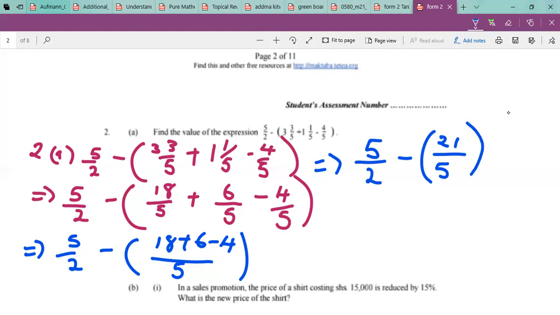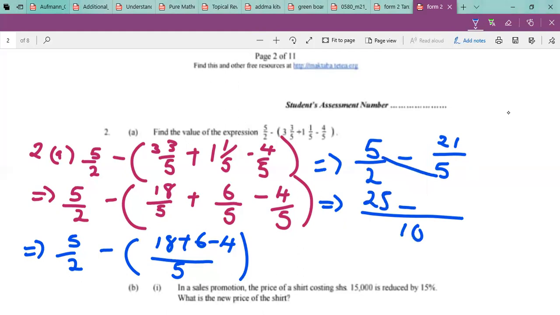All right. In this case, we can now remove the brackets and find the common denominator. You multiply 2 by 5, you get 10. So 5 by 5 is 25 minus 2 by 21, which is 42. This gives us negative 17 over 10.